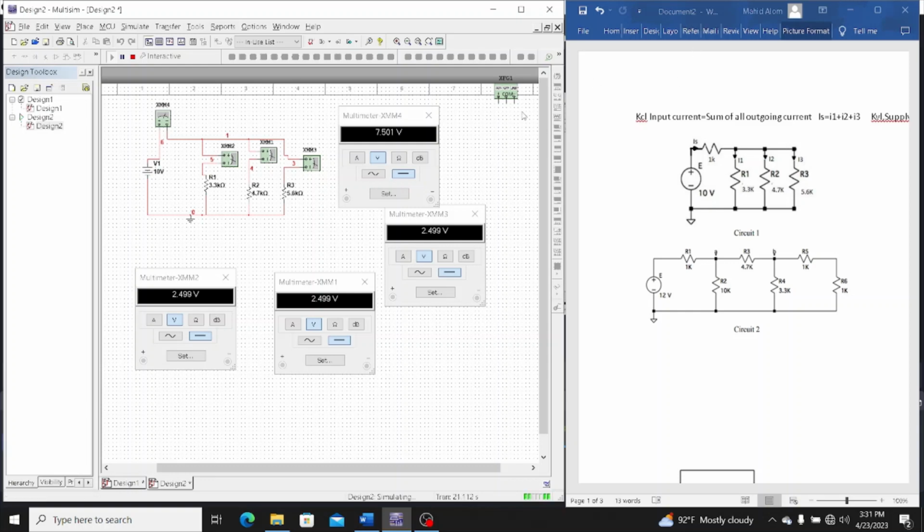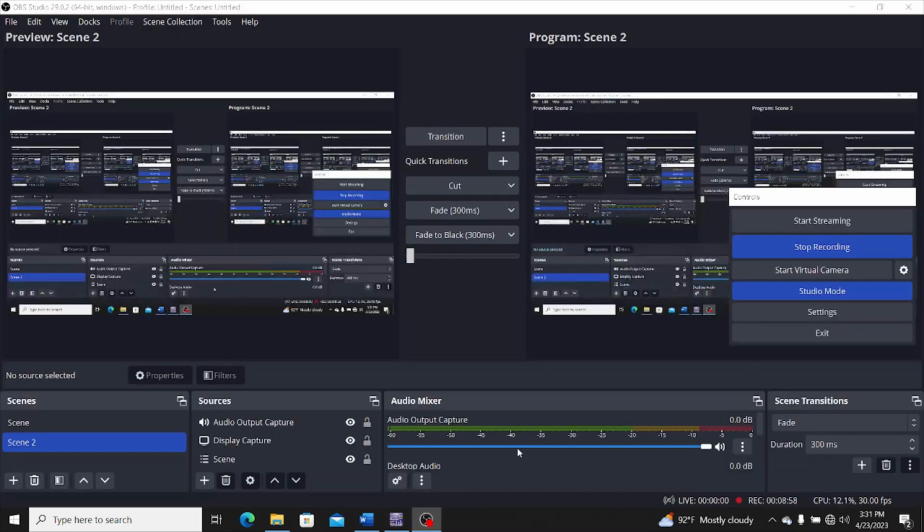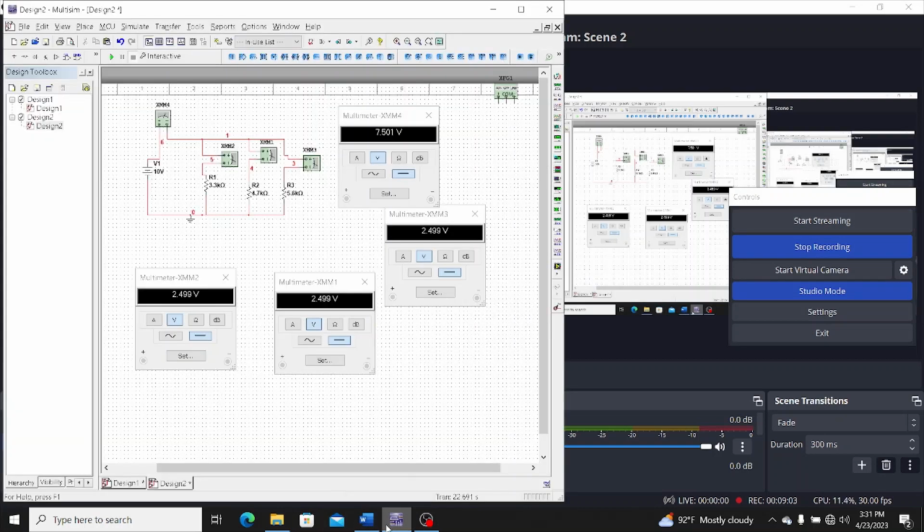Now I have to prove KVL. In order to prove KVL, I just need to draw this kind of circuit again. And to do that, I am going to erase everything.